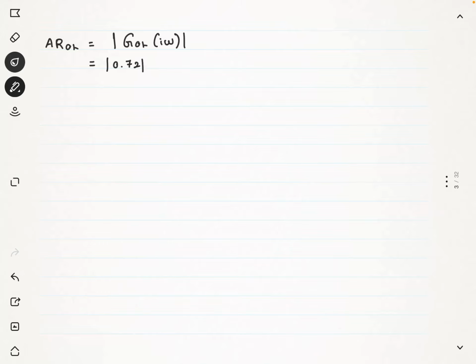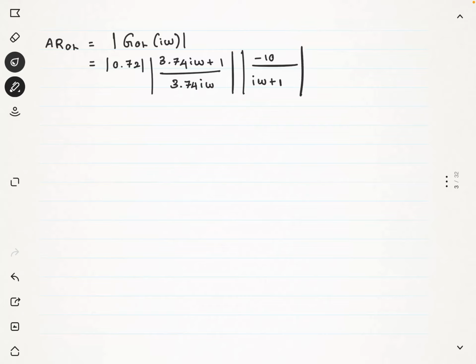0.72 times 3.74 i omega plus 1 by 3.74 i omega, and then minus 10 by i omega plus 1, and then 1.5 by 10 i omega plus 1.